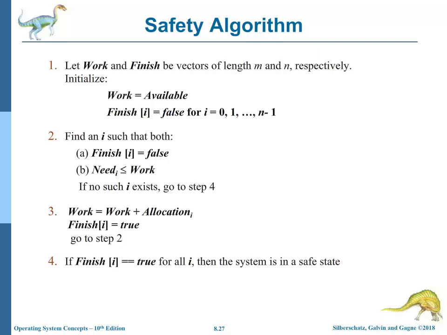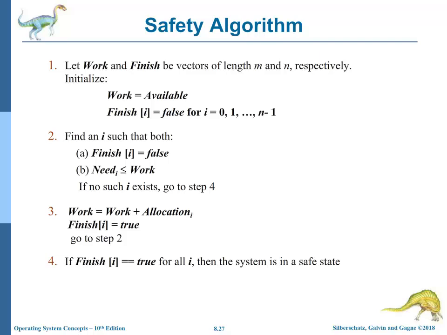So step 2 checks the availability status for each type of resource i. Step 3 is Work = Work + Allocation i. Step 3 is to get a new resource allocation and add it to Work.